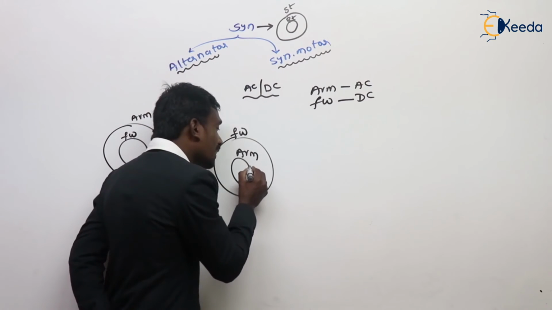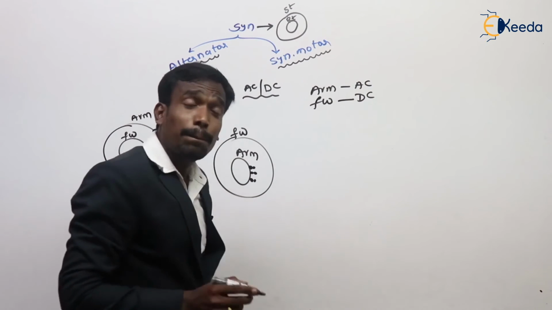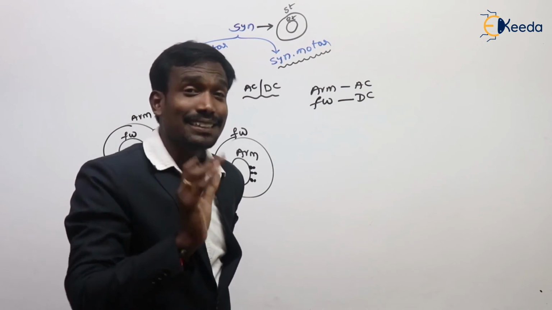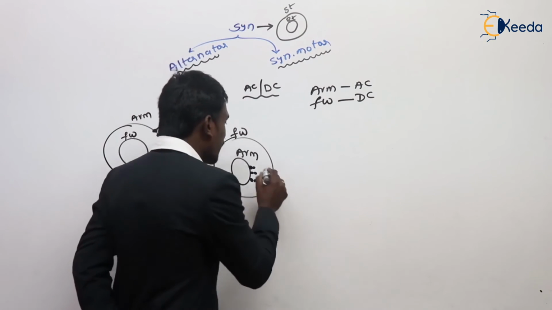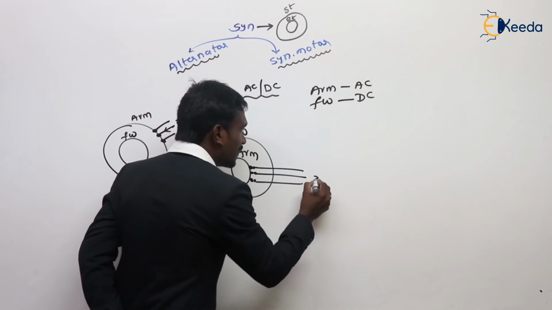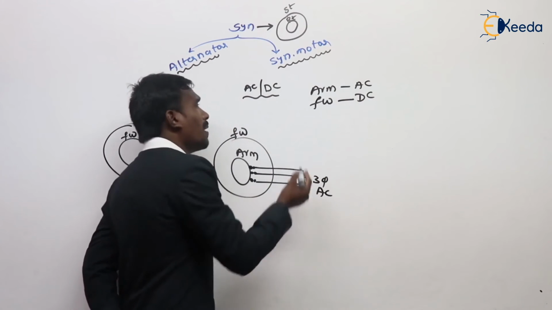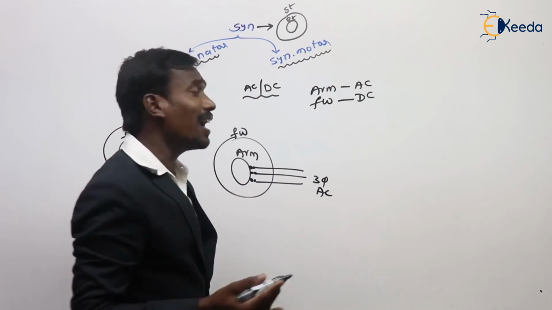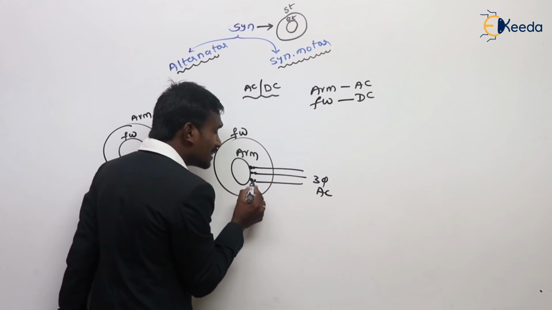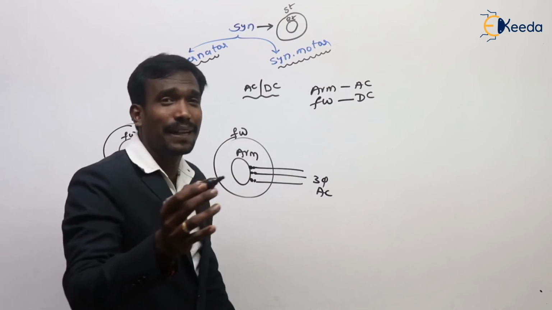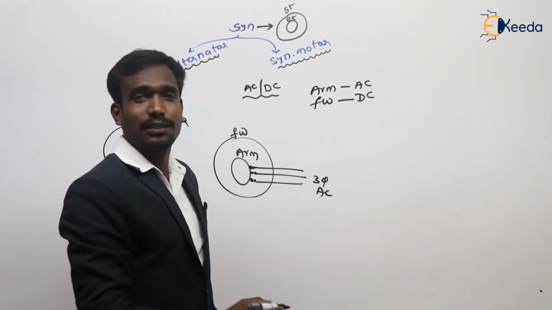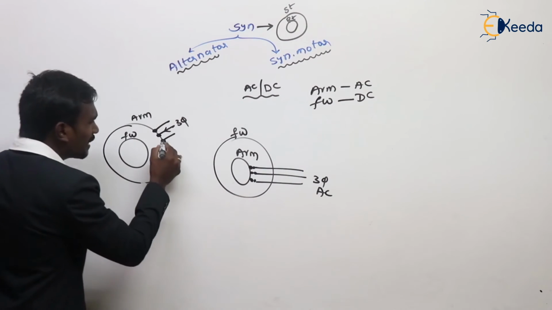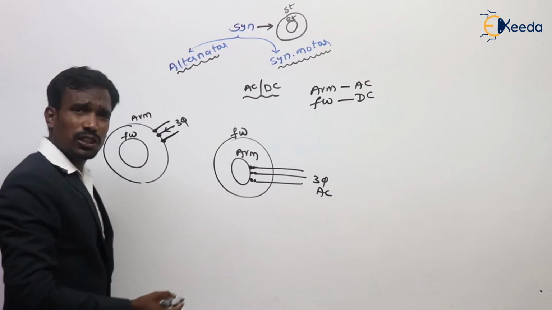We have to give it through brushes and slip rings. So here I am giving the three-phase AC supply through brushes and slip rings.